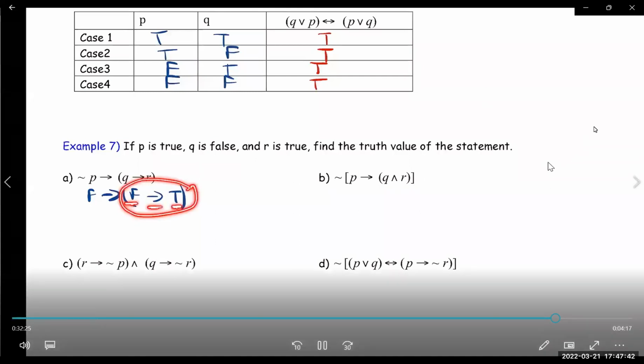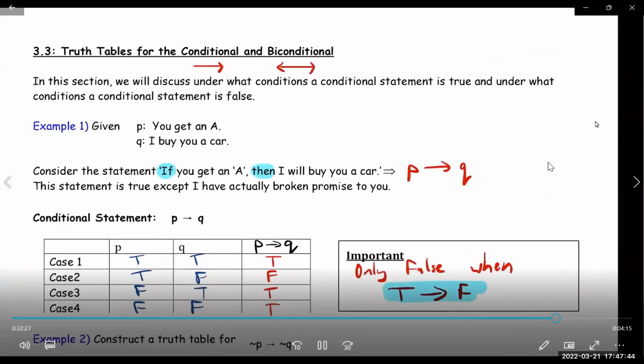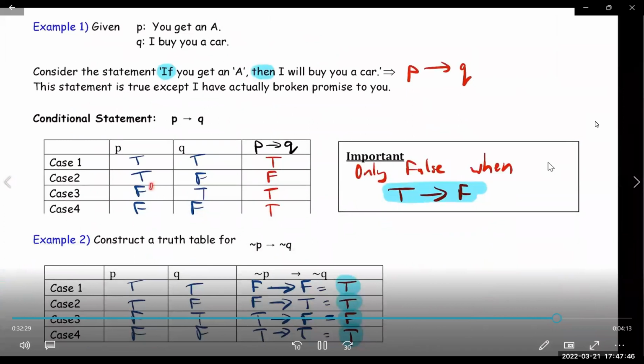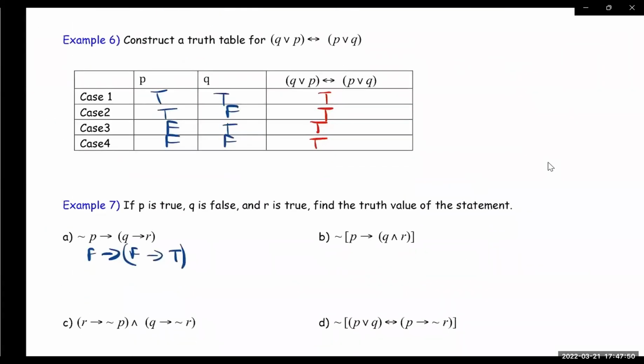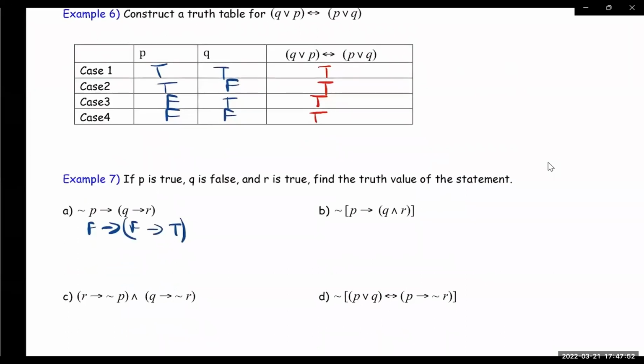That's a true statement. Remember, if you start off with the false, then true is true. Okay. So this would be true. Now you have F arrow T, which is true. It's true because you're starting with the false, so automatically it becomes a true.